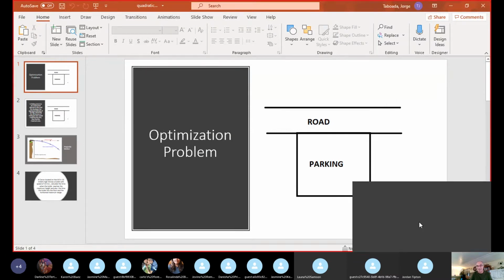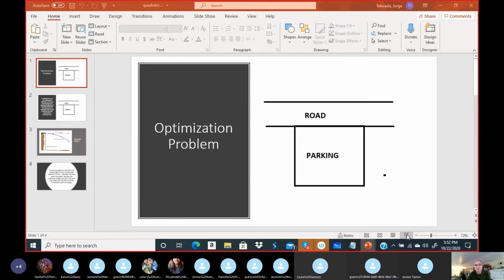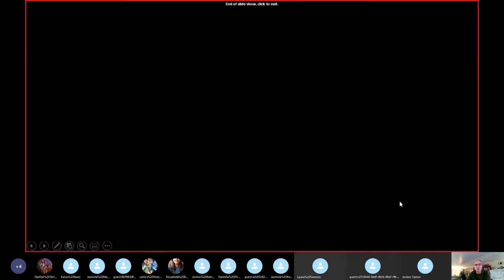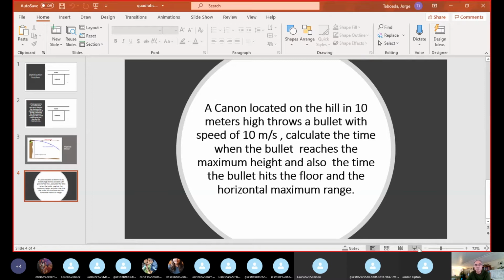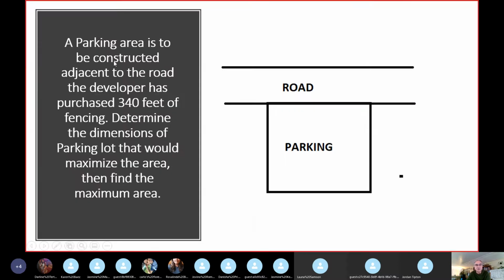Okay, basically it's an optimization problem. Copy please this problem.